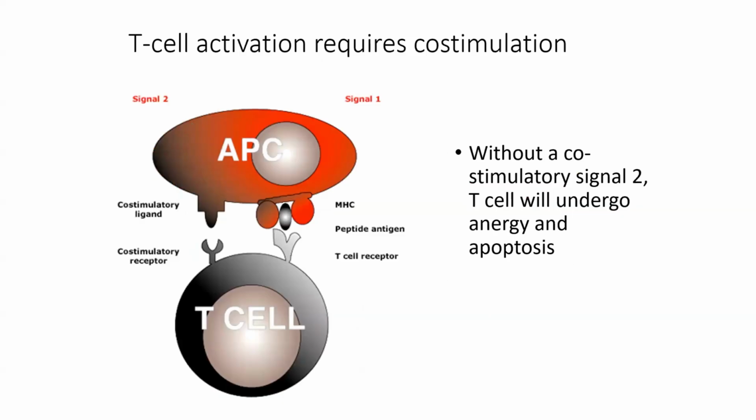The other part I mentioned: you have the MHC presenting an antigen to a T cell receptor, and that's activating the T cell. But you need a second co-stimulation. That's important because that's one of the therapeutic targets we use in transplantation. Without this signal, T cells will undergo apoptosis.